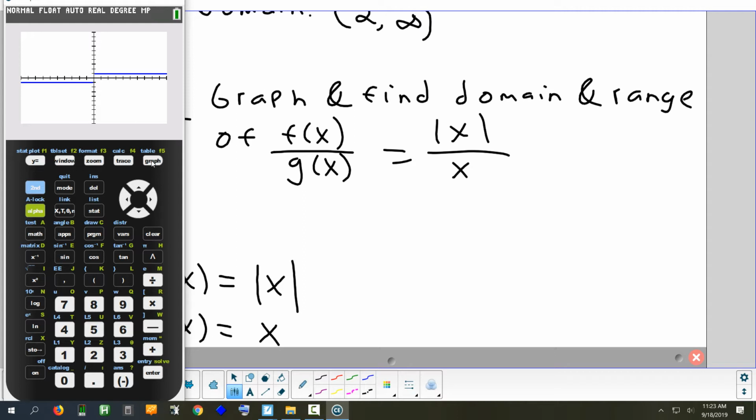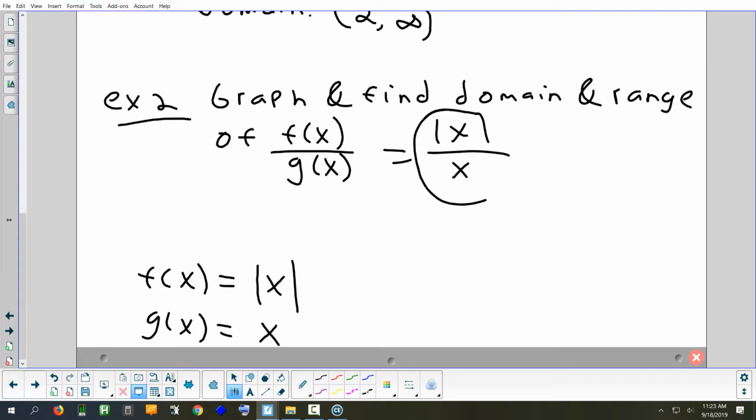So let's think about the domain. Are you taking the square root of a negative number in that formula? No. There's no square root in the whole problem. Could you ever divide by 0? Yes, this is a fraction with a variable on the bottom. What value would cause you to divide by 0? 0, yep. So the domain here, this is how you write it.